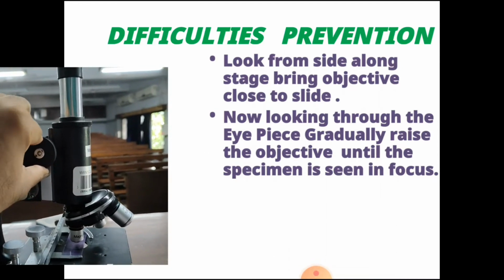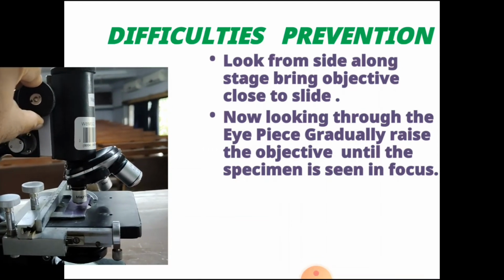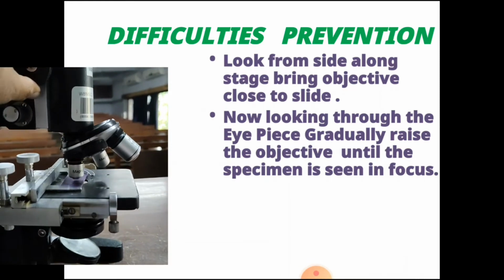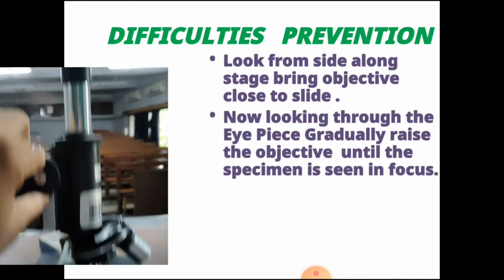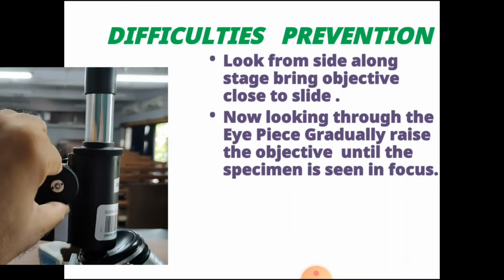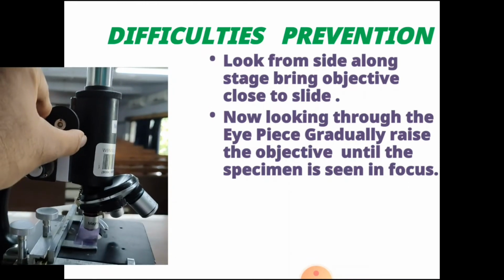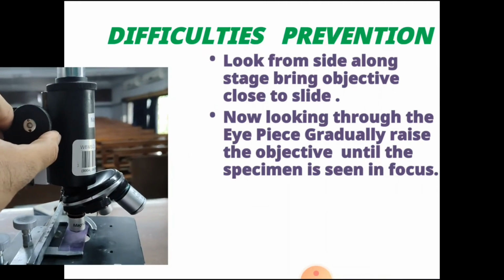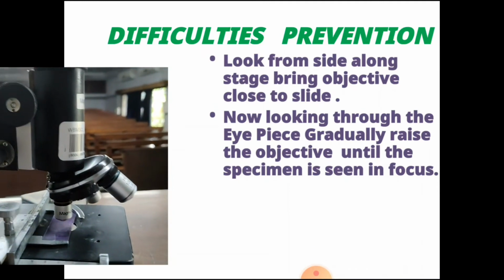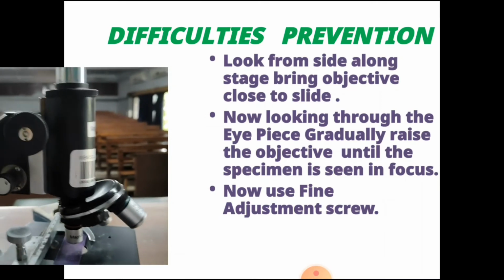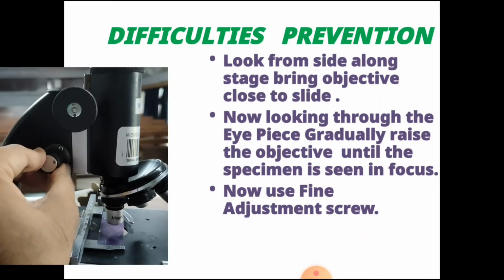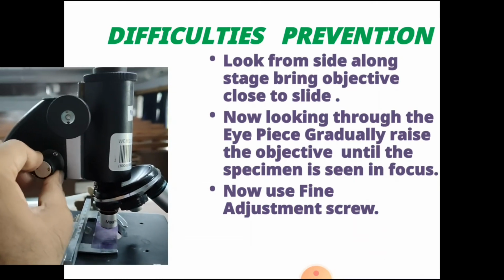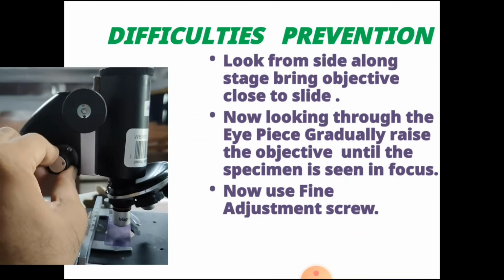So first keep the objective lens very close to the slide, looking from the side. Then, looking through the eyepiece, gradually raise the objective lens until the specimen is in focus. Now use the fine adjustment screw to get sharp or detailed focus.